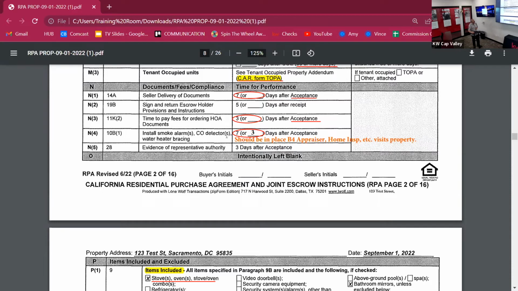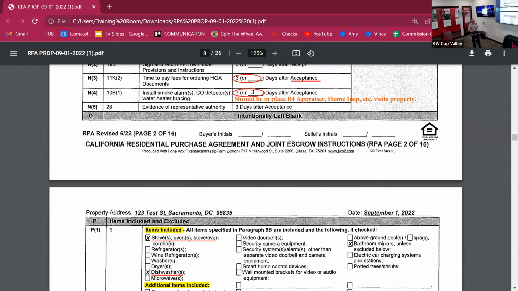Install smoke alarms, CO detectors, water heater bracing. So the default here is 7 days. I would recommend 3 days in the contract. They should be there already and it should be done already. But here's the deal. Let's just say the buyer's lender is just sharp and they get the appraiser out there the day after you get a ratified contract.